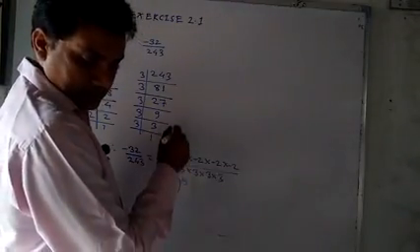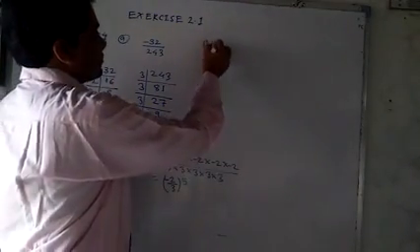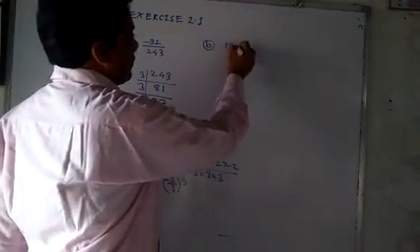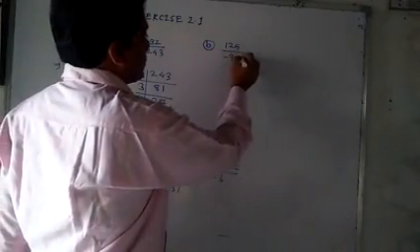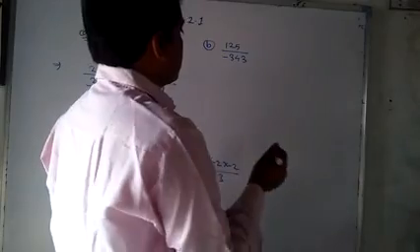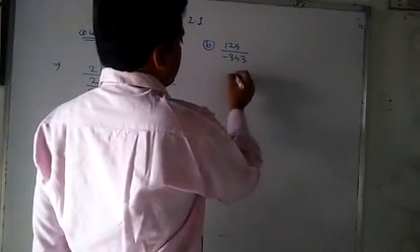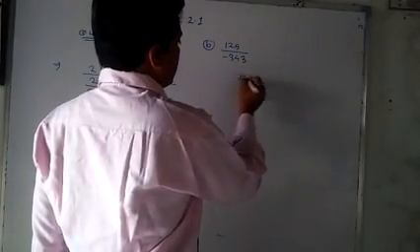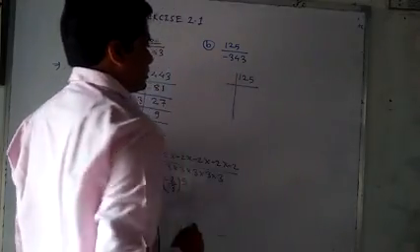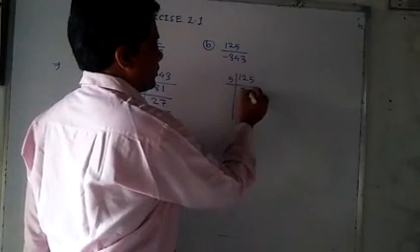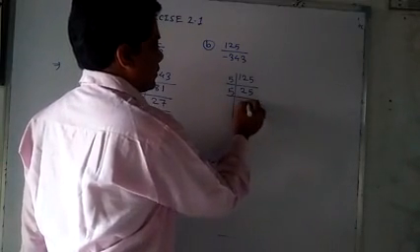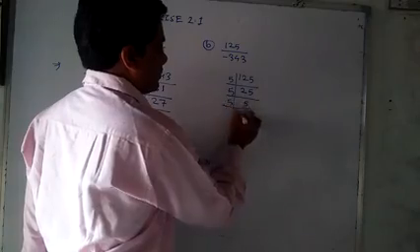Now B, 125 upon minus 343. 125 by prime factorization method: 5 5s are 25, 5 5s are 25, 5 1s are 5.